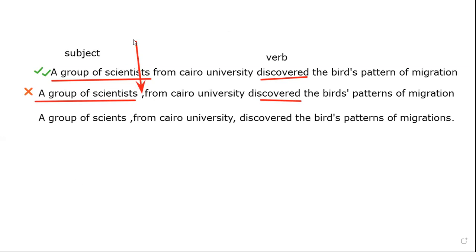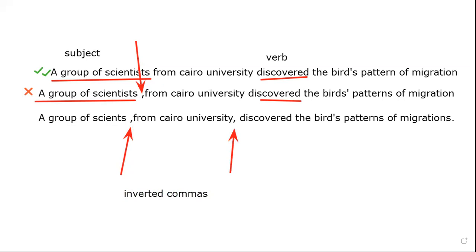Okay, let's have a look at the third one. A group of scientists. Here we have a comma, and here we have a comma, and we call those inverted commas. You can delete what is between the inverted commas, and that wouldn't affect the meaning.